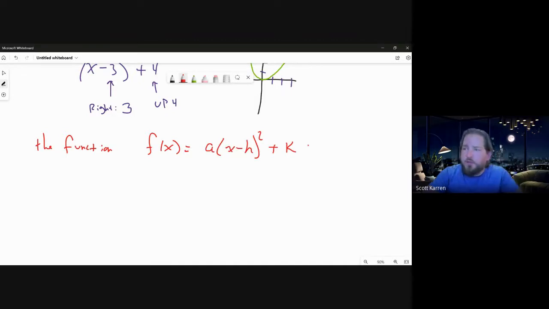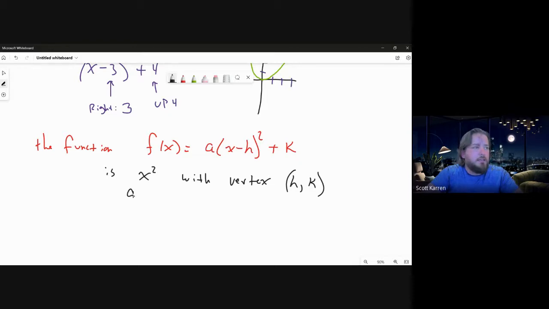This is the type of way that we want these to look, like in this section, for graphing purposes, but also to be able to find some information about the actual graph itself, including its vertex, which is that very bottom point of an upward facing parabola, or the top of a downward facing parabola, right? So this function here is simply x squared, but with a vertex of h comma k, right?